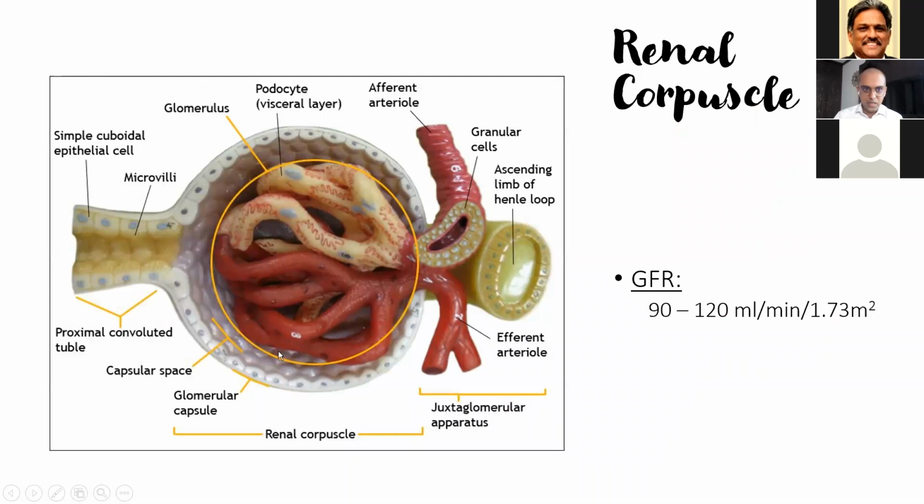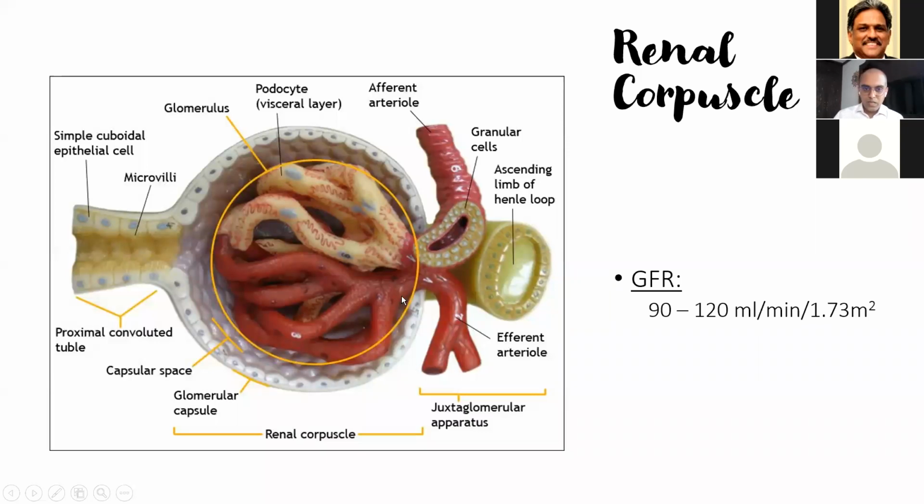The renal corpuscle is adjacent to the juxtaglomerular apparatus. The juxtaglomerular apparatus is formed by interaction between the distal convoluted tubule and the afferent and efferent arterioles. It helps in regulating the glomerular filtration, and also helps in maintaining the blood pressure.